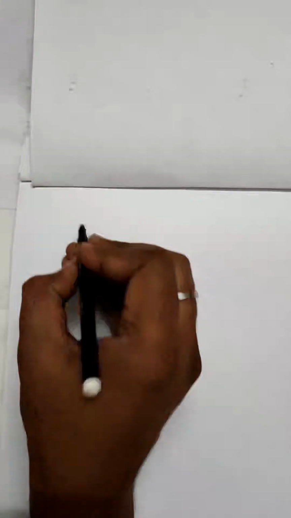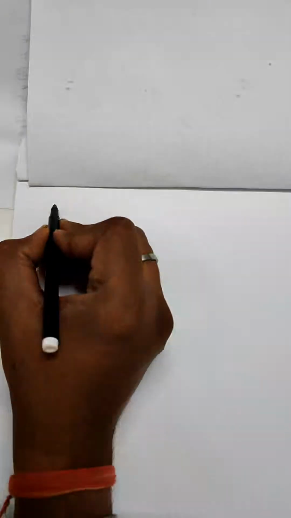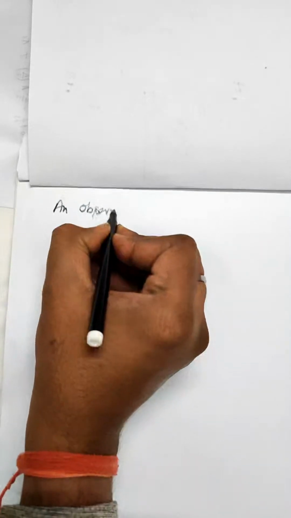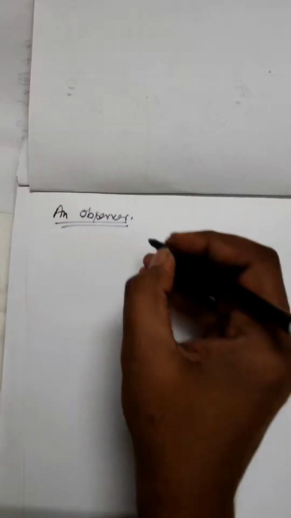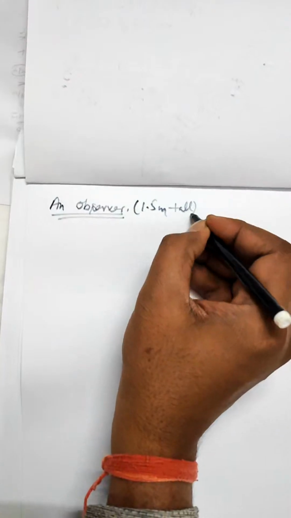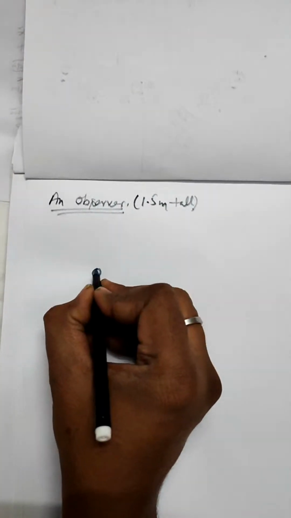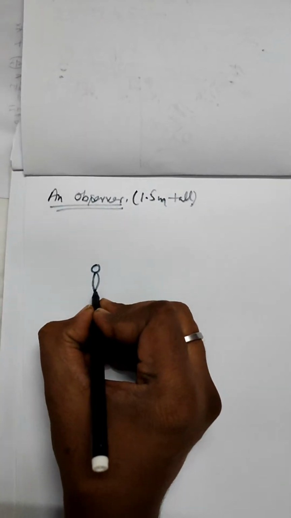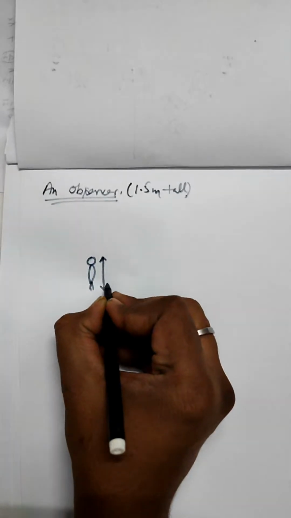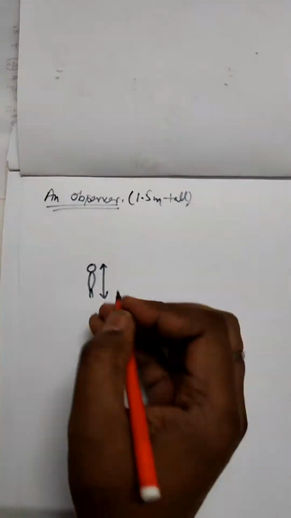What is the question? Let us say an observer 1.5 meter tall. There is an observer, that means let us say this is the observer, and the height of this observer is 1.5 meter.